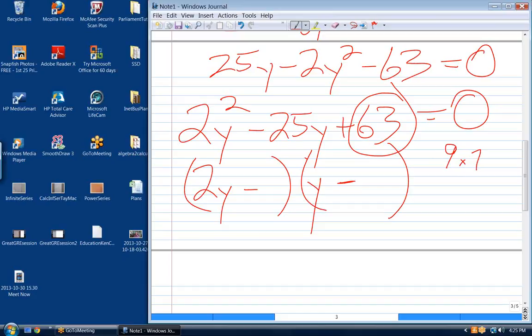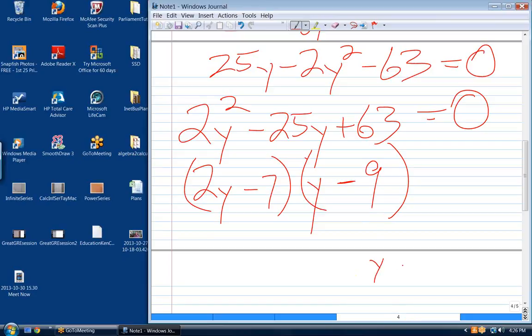So let's just try 7 and 9 in some combination here. It's either 7 and 9 or 9 and 7. Does that work? Yes, it does. 9 and 7 would not have worked, but 7 and 9 work.